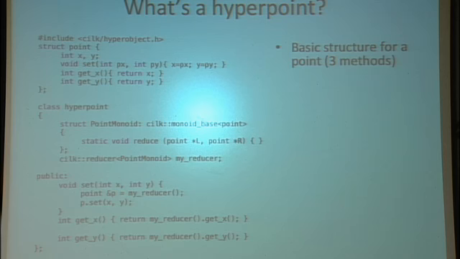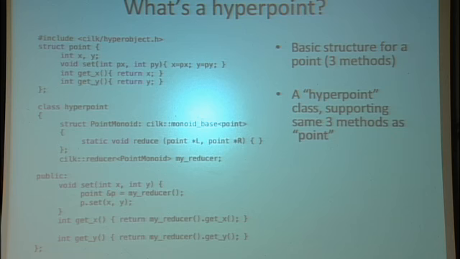And then there's also a hyperpoint class, which contains some extra Silk junk. It also implements the same three methods, set, getX, and getY. If you look at the monoid that it contains, the point monoid, it implements a reduce function that just doesn't do anything.